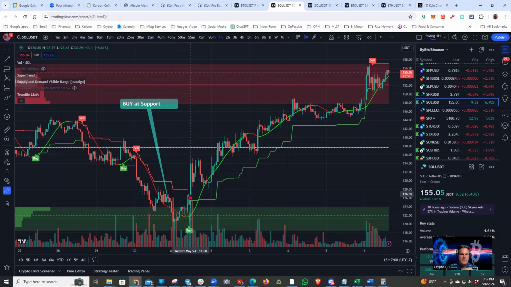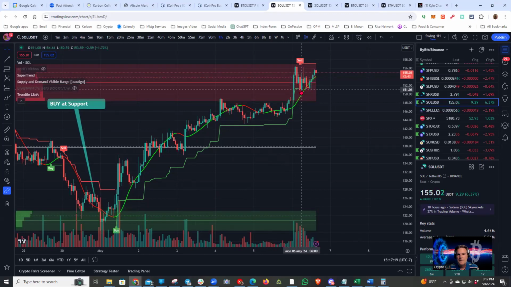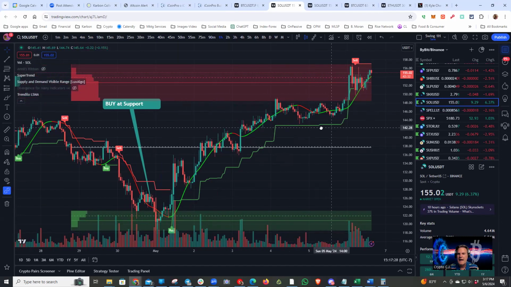So that would have been a good entry right about here. And obviously you see it took off. Now I'm in resistance. The sell has printed, but I don't have confirmation yet on the LSMA. So if I wanted to short this, I would be waiting for that.